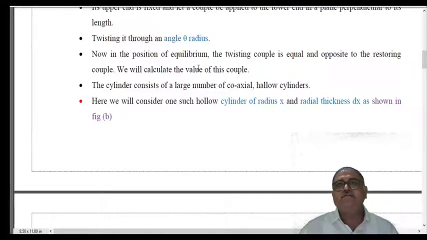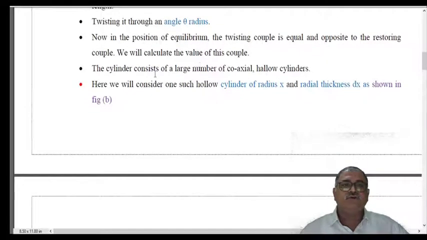For calculating the value of the couple, we have to see that the cylinder which we have considered here, or which we have discussed in the diagram, consists of a large number of coaxial hollow cylinders. Here, coaxial means having the same center and different radius, and hollow cylinders.